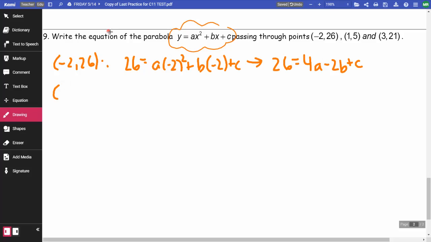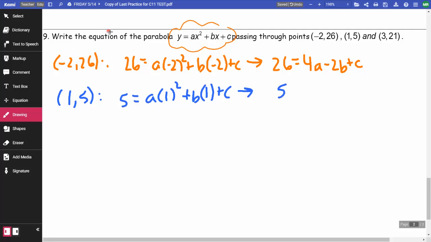For my 1 comma 5, I'm going to go 5 is equal to a times 1 squared plus b times 1 plus c. So I'm going to get 5 is equal to a plus b plus c.